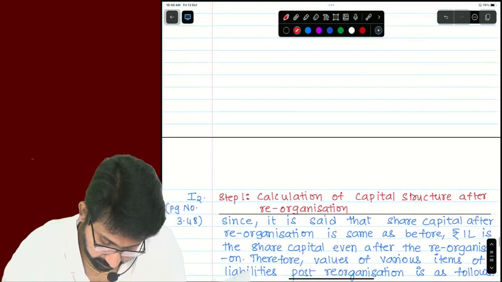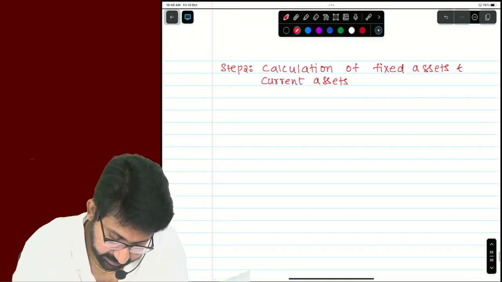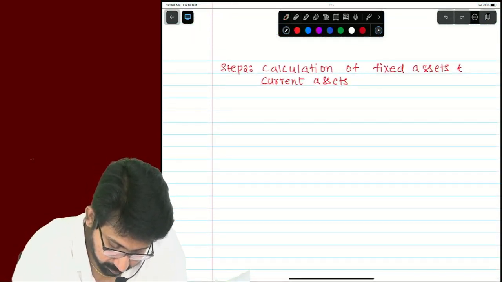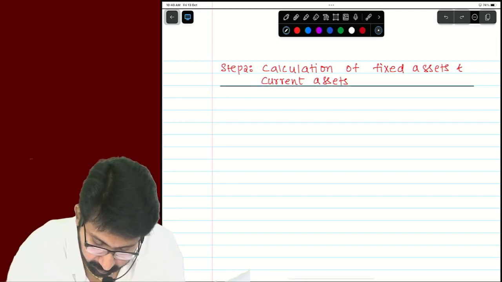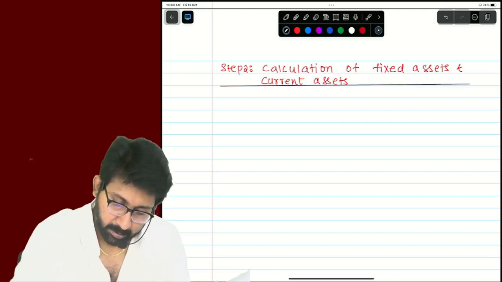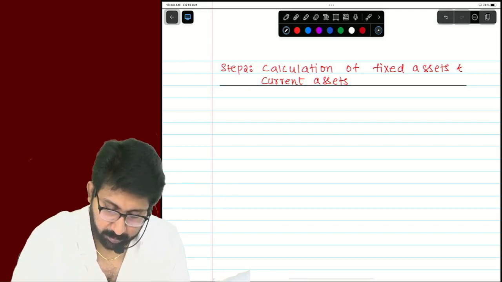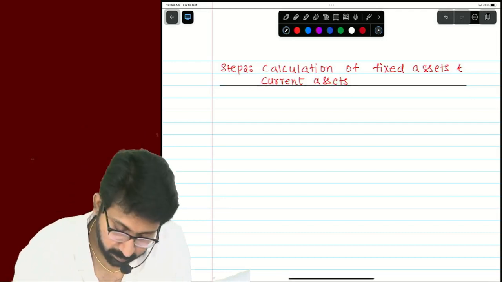Calculation of fixed assets and current assets. Write down.